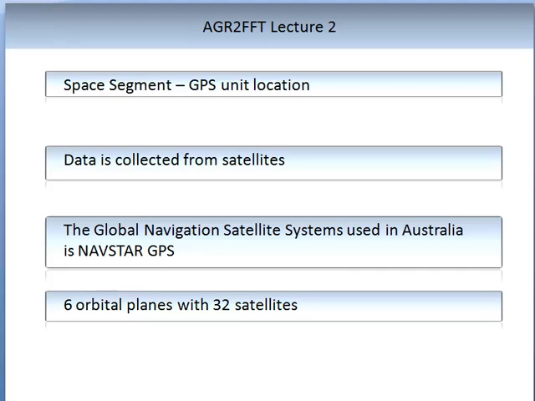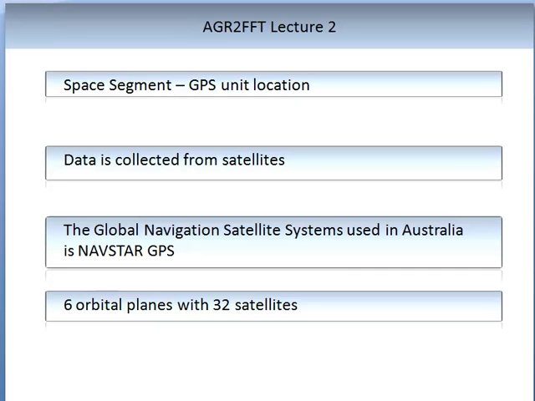As its name suggests, it allows the GPS unit position to be determined. Data is collected from satellites in order to determine the location. These satellites are collectively termed the Global Navigation Satellite Systems, and there are several that are available.